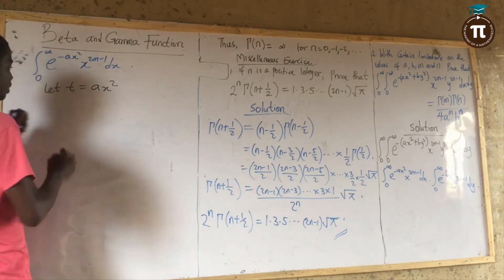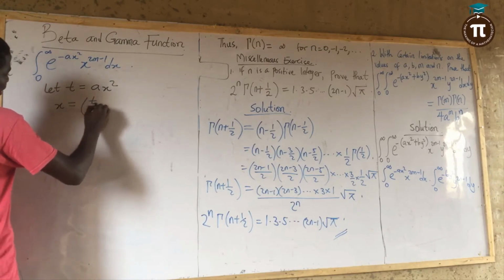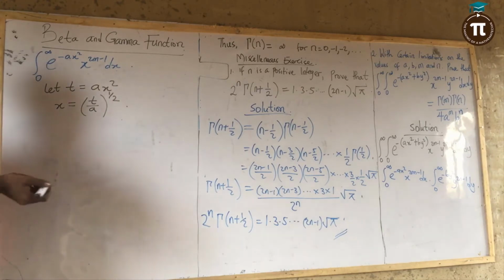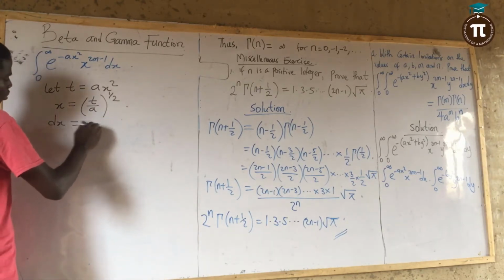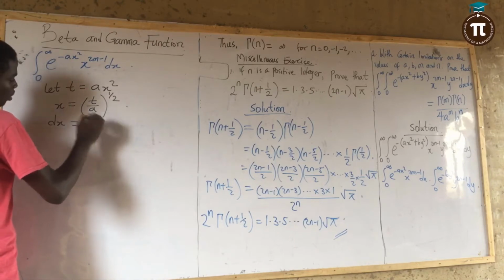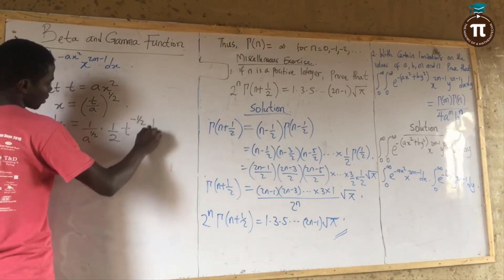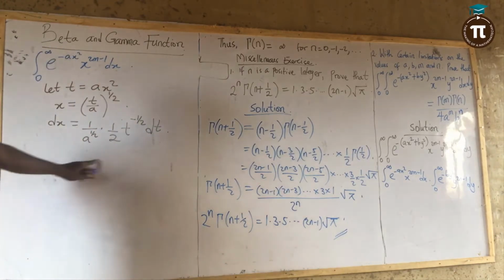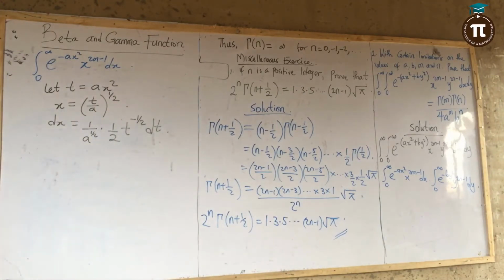Make x the subject of the formula. x will be equal to t over a, all raised to the power of 1 over 2. Differentiate. dx is equal to 1 over a raised to power 1 over 2 multiplied by 1 over 2 t raised to power of minus 1 over 2 dt. This is what you are going to obtain when you differentiate.